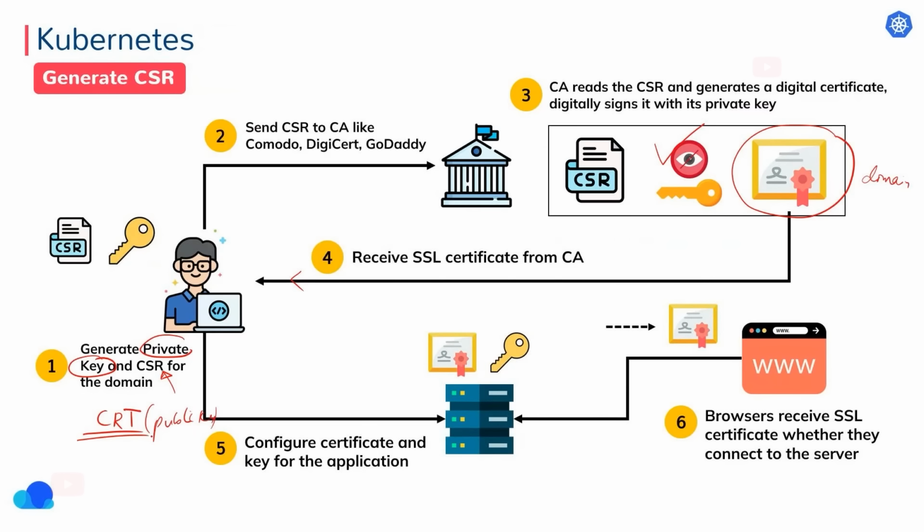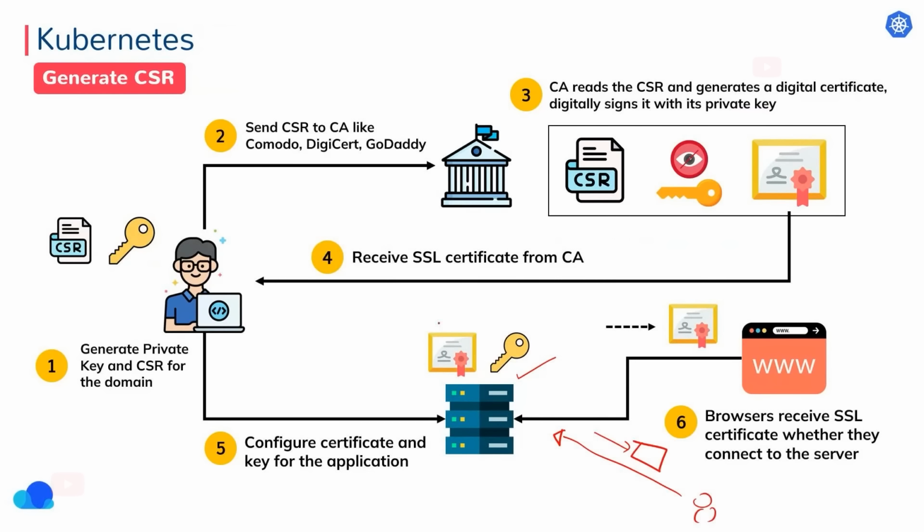Your certificate and private key, you should configure on your web server, so that anyone who tries to access your web server will get HTTPS communication. Once you have the certificate installed in your server, if I try to connect to your web server, I'll get a certificate, that is your domain certificate.